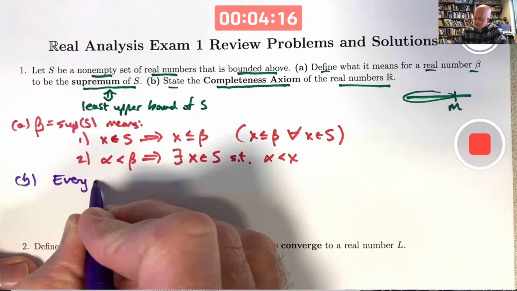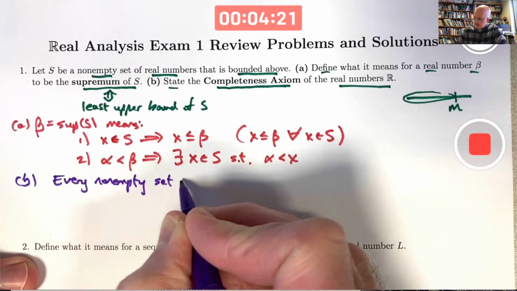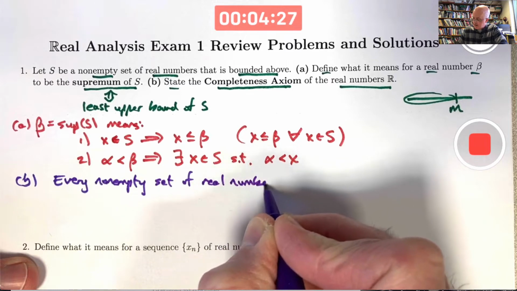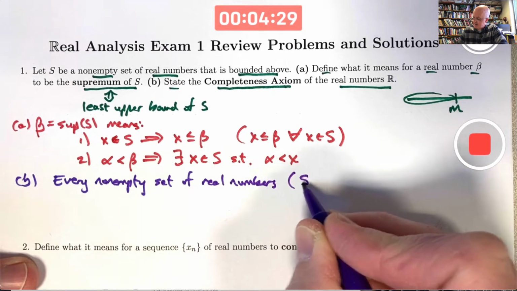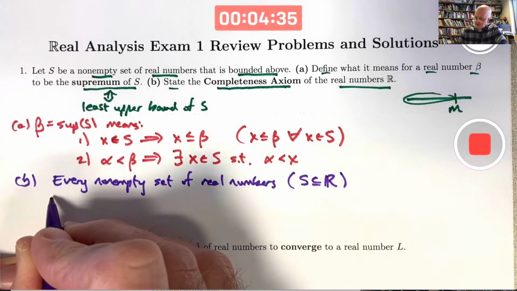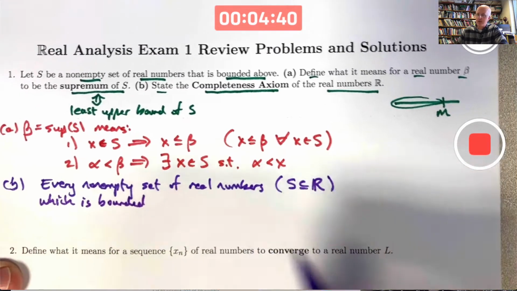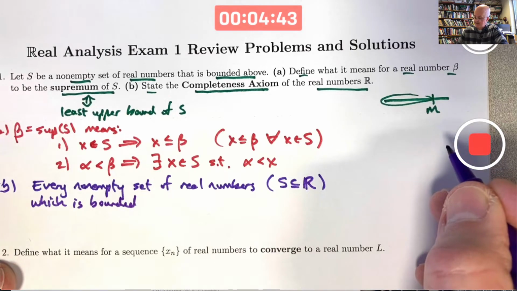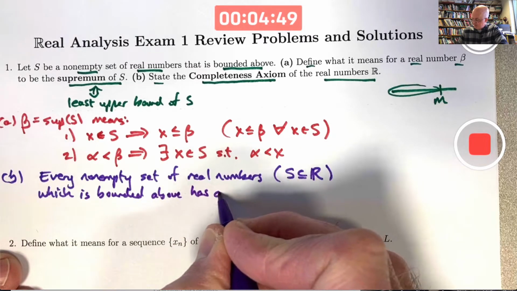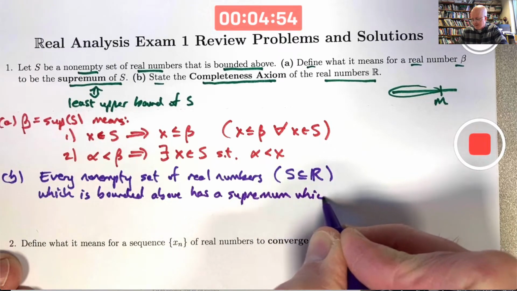Every non-empty set of real numbers, I could write S is a subset of this blackboard bold R, which is bounded above. There's some number, call it capital M, that is an upper bound for S. You could just say has a supremum, but it's really good to emphasize that it has a supremum which is a real number, or is in R.